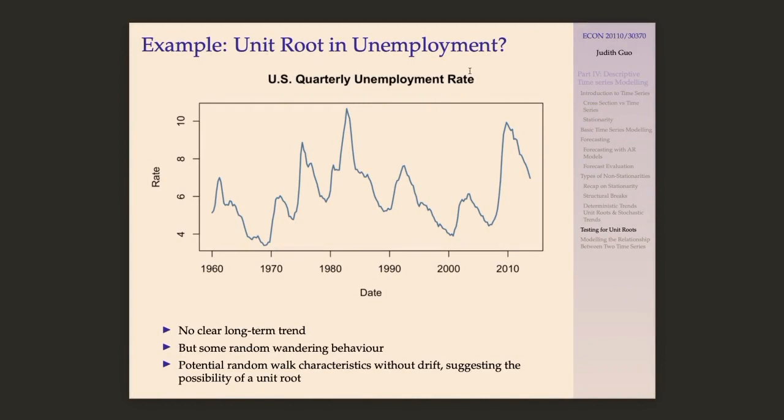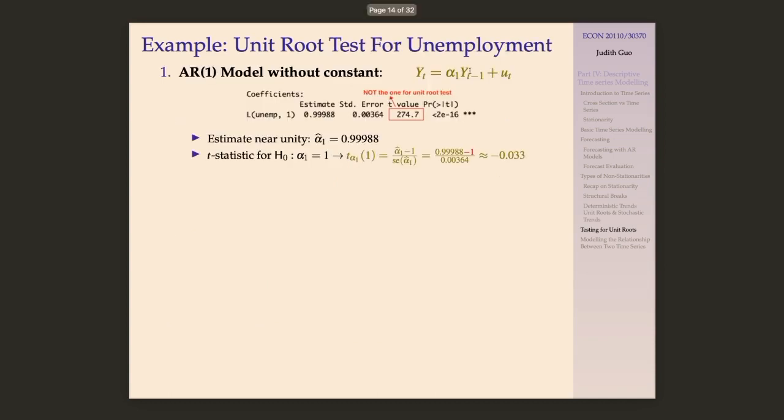But remember, the time plot only gives us a first kind of guess of whether the time series is stationary or not, but it's not something definite. In order to reach a definite conclusion, we should run a formal test.